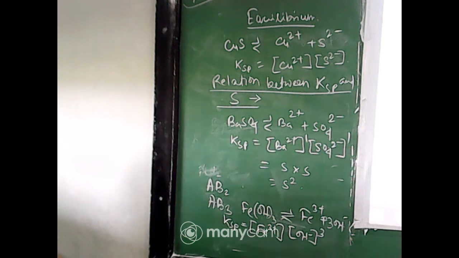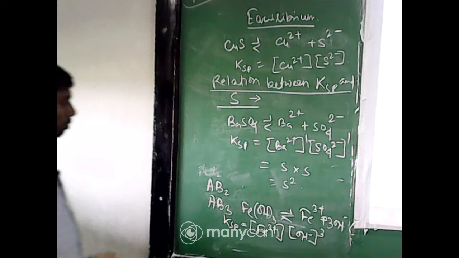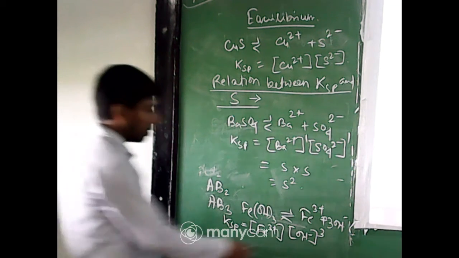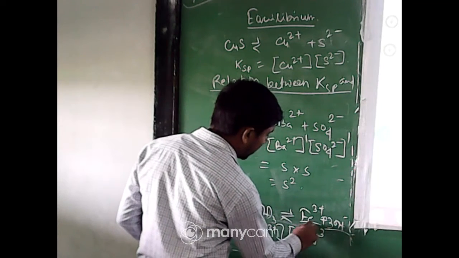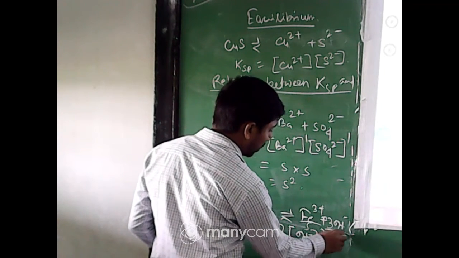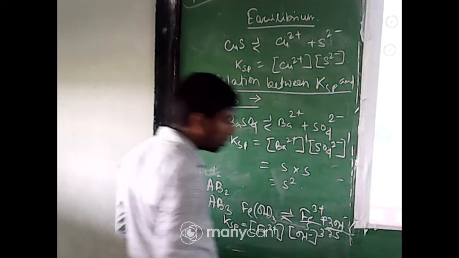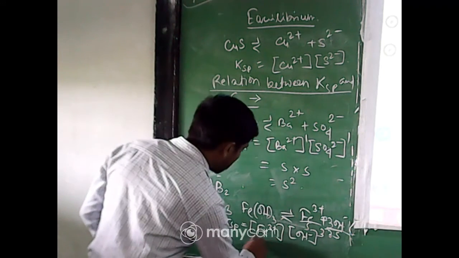For AB3, Ksp equals, now the concentration of the Fe3+ we assume is S, then the concentration of OH minus will be 3S, from the concept of the previous part.